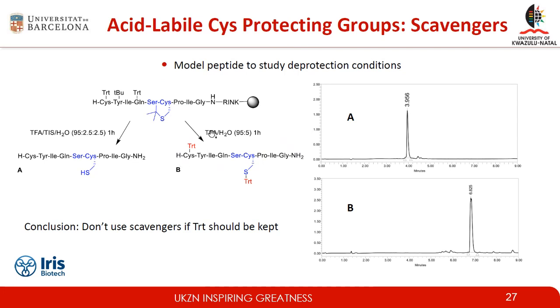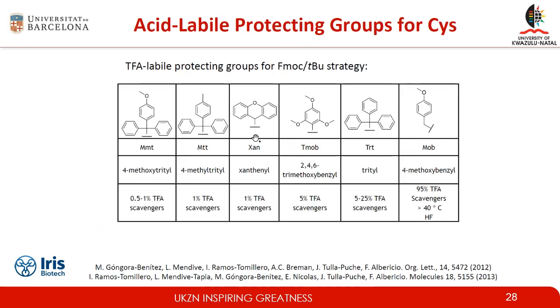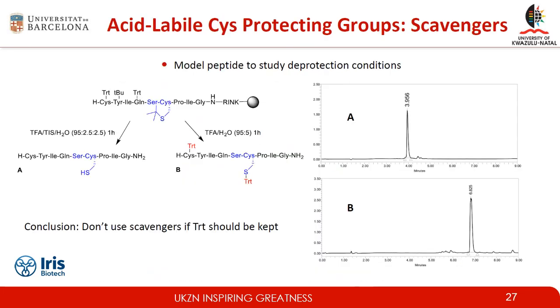But if we miss the TIS, if we put only TFA and water, we see that the trityl of the cysteine and the trityl of glutamine are back alkylated, the two cysteines. It means the only difference between one experiment and the other is that in the second we miss the triisopropylsilane as a scavenger. To take home, it's very important to use the right scavenger in all cysteine chemistry.